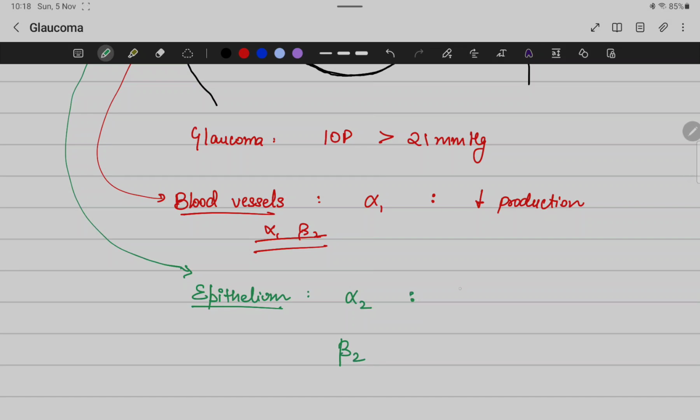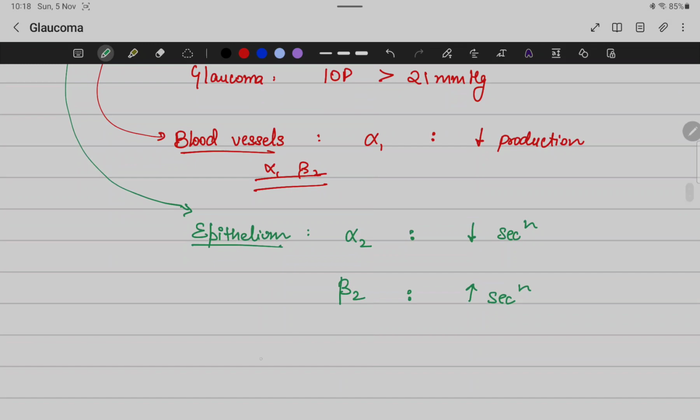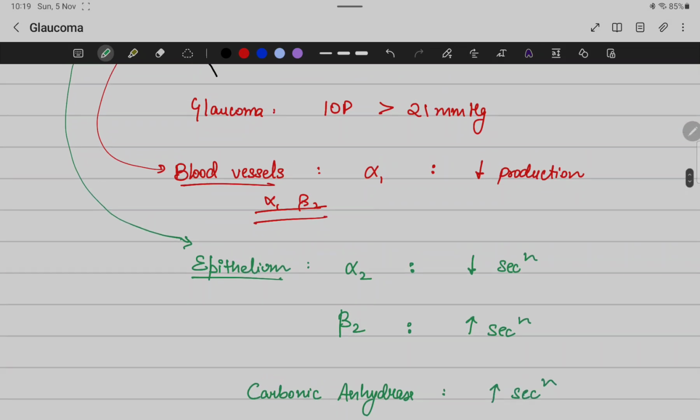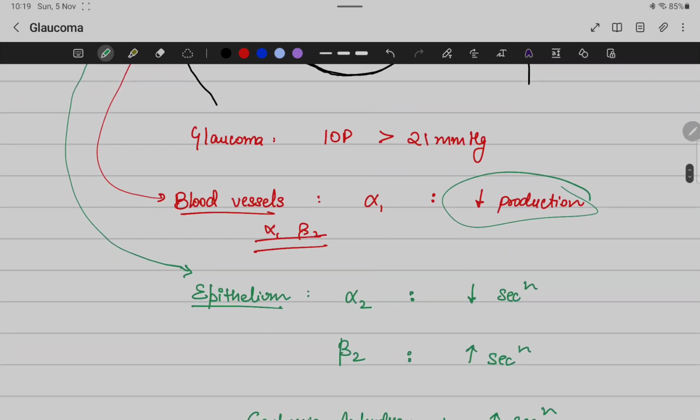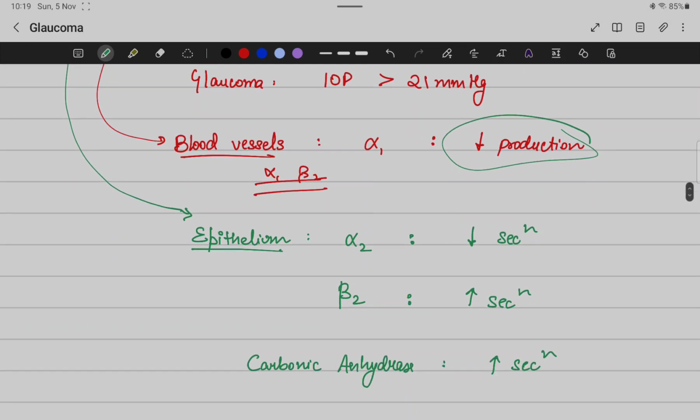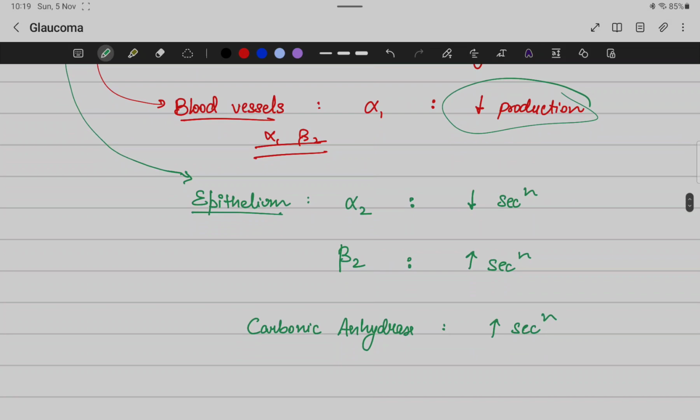Stimulation of alpha 2 receptor decreases secretion of humor. Beta 2 stimulation increases secretion of humor. The epithelium also has this enzyme called carbonic anhydrase, and this enzyme also increases secretion of humor. So the blood vessel was producing humor, giving it to your epithelium, then your epithelium was secreting the humor, and these were all the receptors present and your enzyme carbonic anhydrase.